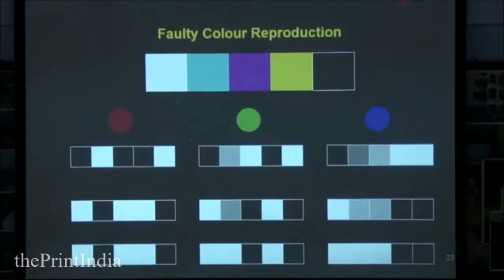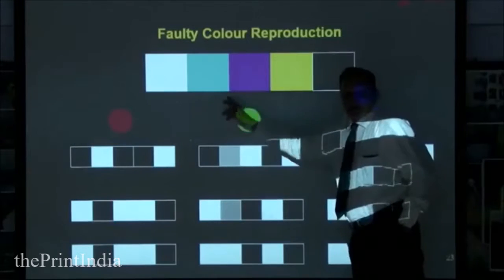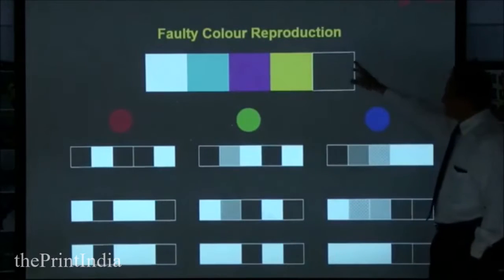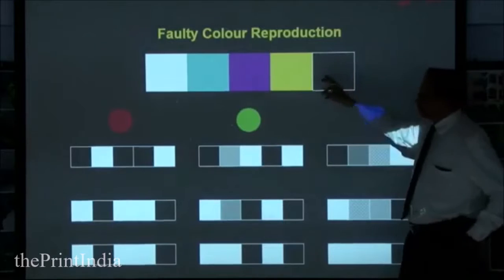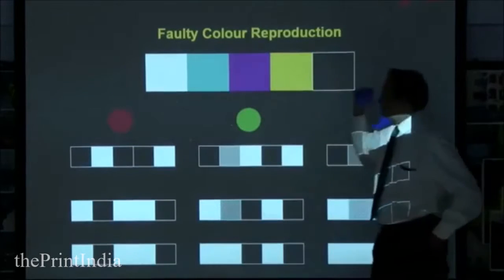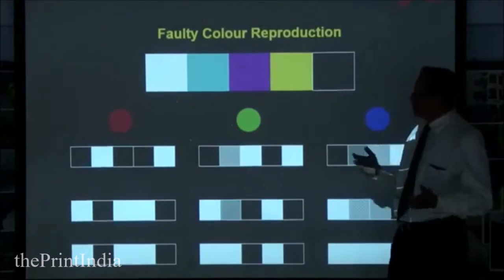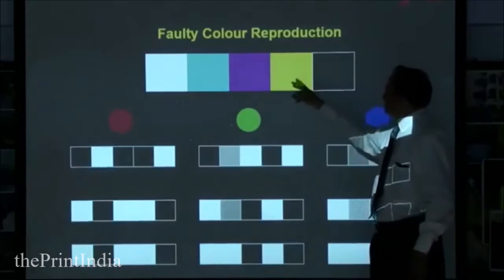So you make the separation. And because of the deficiency, when you make the separation, what do you want? You want the final separations or the printing plates. When you put them on the machine, the cyan ink should be deposited only here. And if you are making 3-color black, then cyan here and here. You don't want cyan here, here and here. When you want magenta, here and here, yellow here and here.